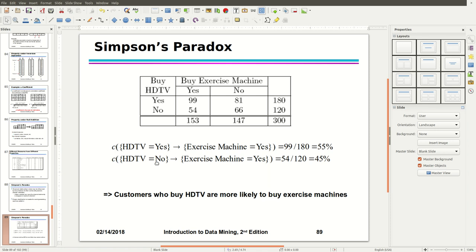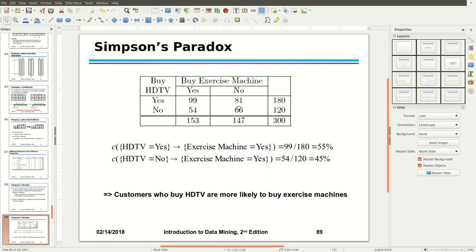And given that you don't buy HDTV, like 54 times you will say yes, but 66 times you will say no.